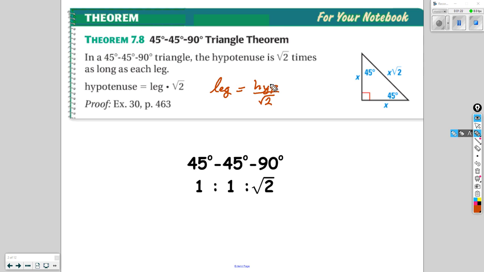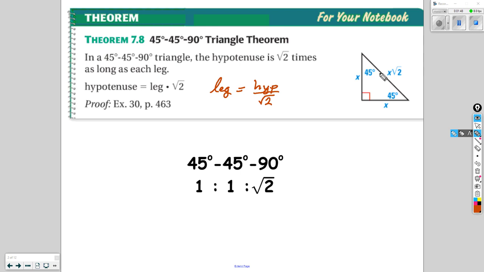If we're starting with the hypotenuse, to find the leg, we just divide by root 2. One thing that you can think about when finding these lengths is the hypotenuse is going to be bigger, so to find the leg, we're going to divide to get that smaller length. And then if we're starting with the leg, we're going to multiply by root 2 to get the hypotenuse. All right, so it all depends on what side you start with.